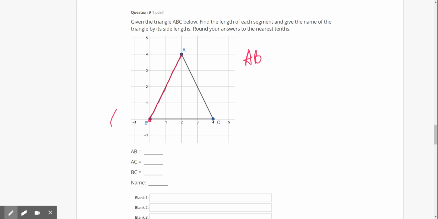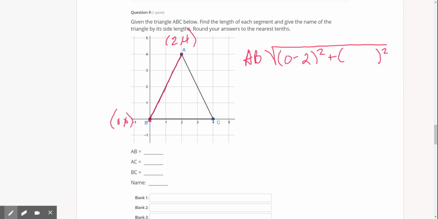Okay, so the point for B is 0, 0, and the point for A is 2, 4. And how do I use the formula? Square root? Do I add or subtract? Nice.